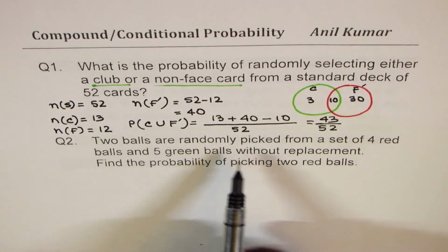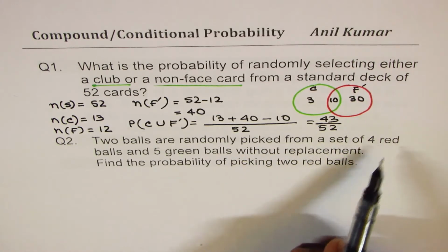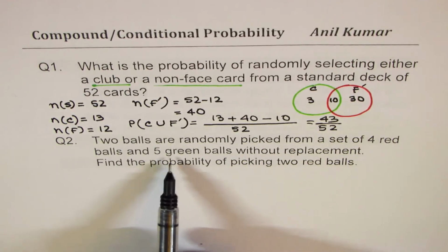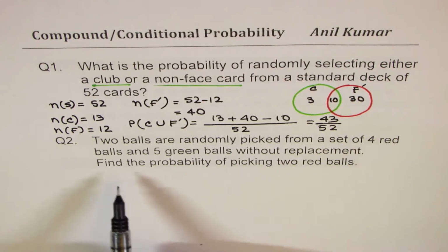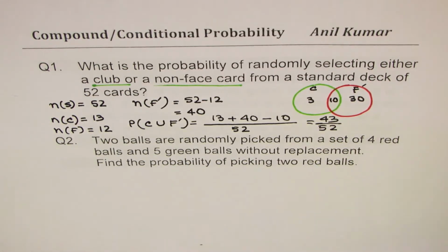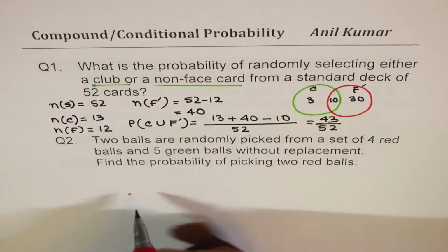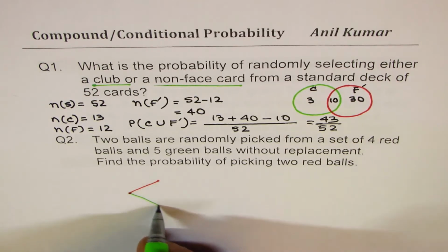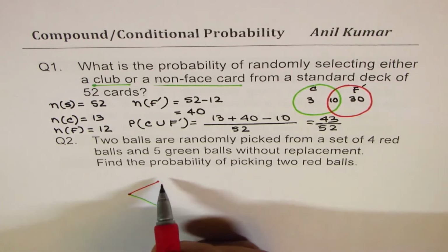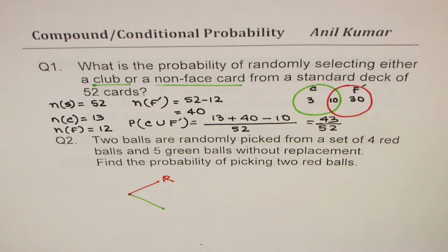Two balls are randomly picked from a set of 4 red balls and 5 green balls without replacement. Find the probability of picking 2 red balls. So that means the first pick, right? The first pick could be red or green. Now we are interested in the red balls, so we'll look into that probability.